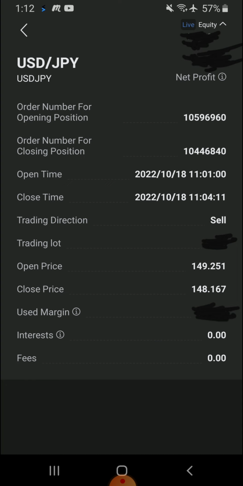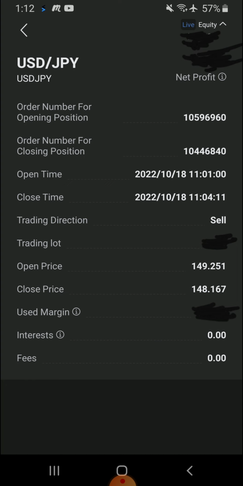So for now, I took 2 manual trades last week. Only 2, and both are wins. This was for USD against the Japanese yen. As you can see, I also hid the personal stuff, like how much equity I have, how much the lot size was, and how much the profit was, just because I feel it's kind of personal.